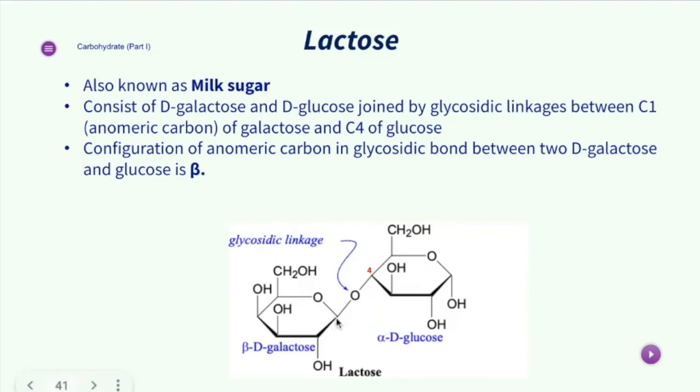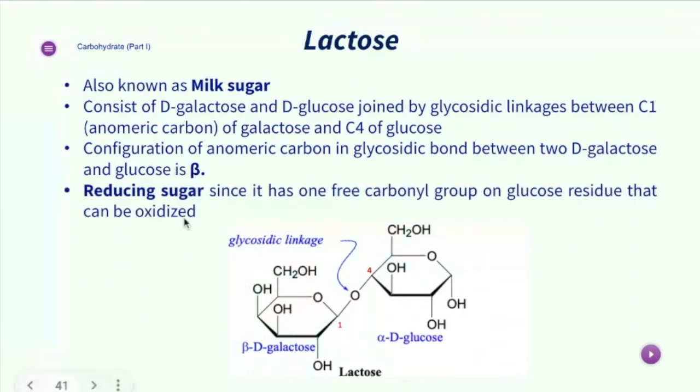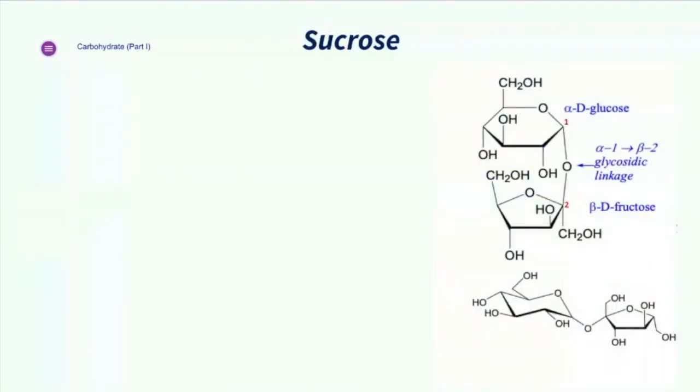It follows the anomeric carbon of beta-D-galactose, so the configuration of the disaccharide here is the beta configuration, depending on the anomeric carbon of the galactose. It also belongs to the reducing sugar class since it has one free carbonyl group on the glucose residue that can be oxidized. So just remember that the aldehyde in a hemiacetal is a reducing sugar.